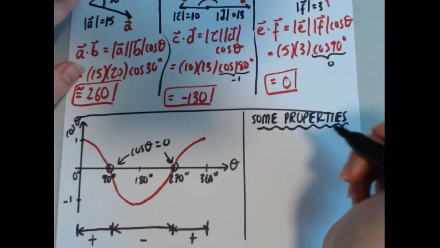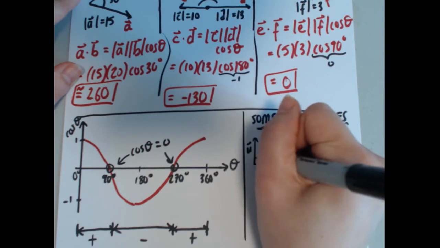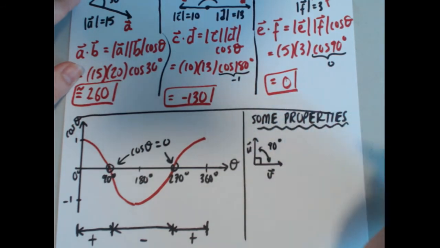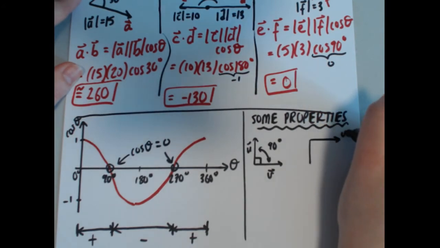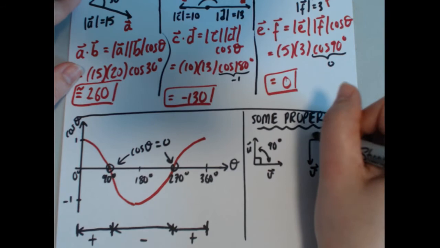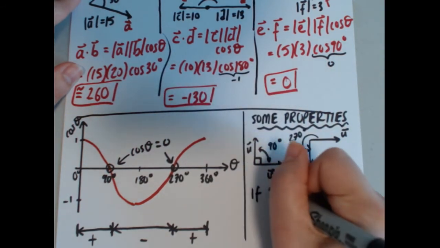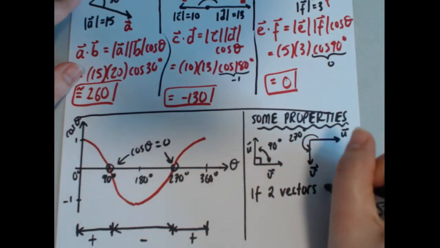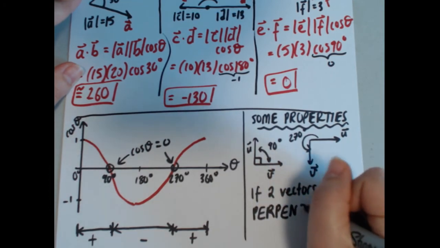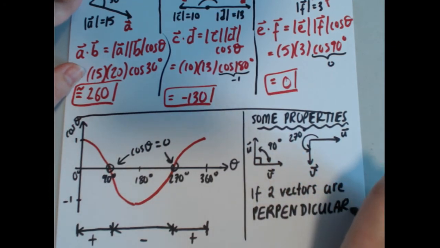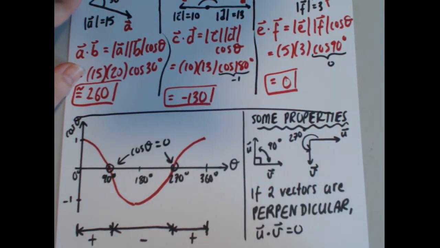So if you have vector u and you have vector v, and they're 90 degrees to each other, so that angle there is 90 degrees, or whether you have 270 degrees, so if that's u and that's v, if two vectors are perpendicular, another way to say that is orthogonal, that means their dot product, u dot v, is 0.